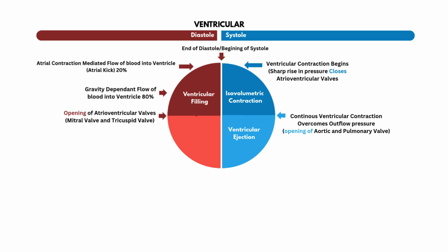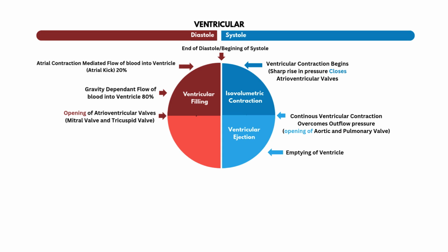Pressure eventually exceeds the pressure of the outflow tracts. As such, the semilunar valves fly open, blood rushes out, and this is the point where we measure the stroke volume, as the difference between the end diastolic volume and the end systolic volume.